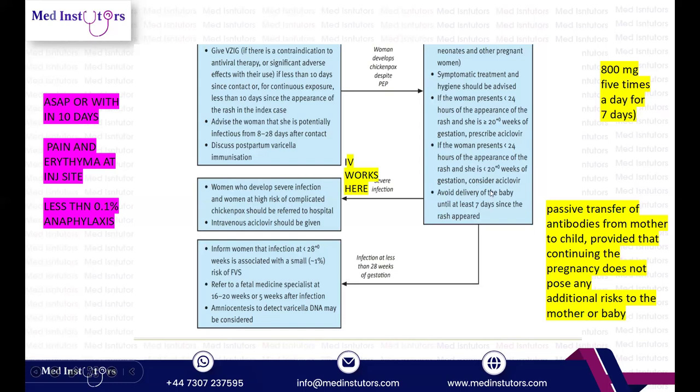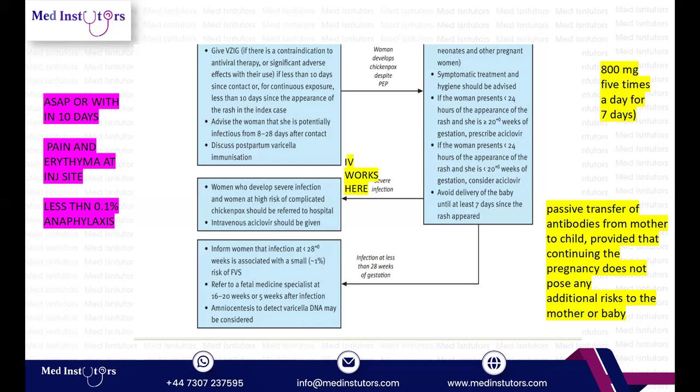And remember to avoid delivery of the baby until 7 days since the rash appeared. Why is it so? Because we let the passive transfer of antibodies happen from the mother to the child, and meanwhile the mother also gets better in condition. But it is important to consider the mother's condition as well.